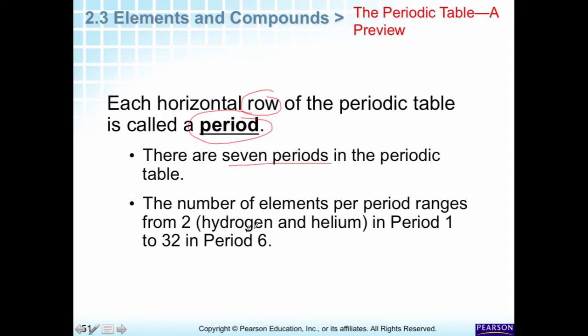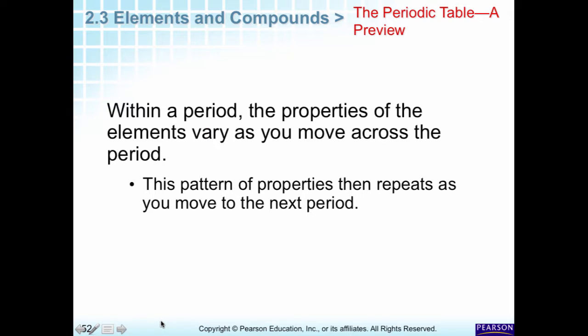And the number of elements can range from 2 in the first period up to 32 in the 6th period. So as you go across a period, properties of the elements will vary and will be different from each other. And at a certain point, when you repeat, the same properties will repeat in the same order.